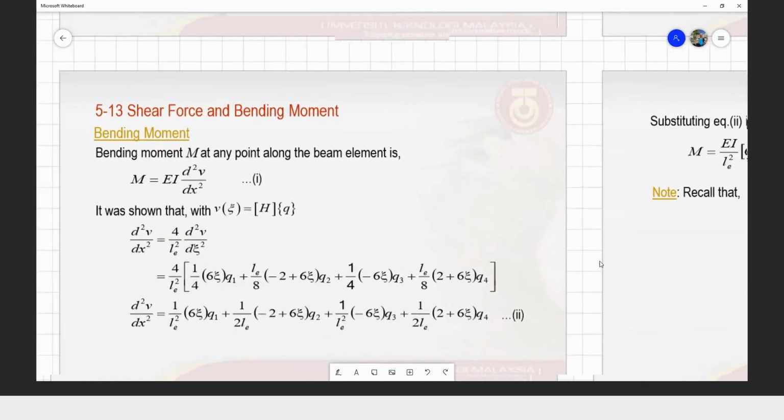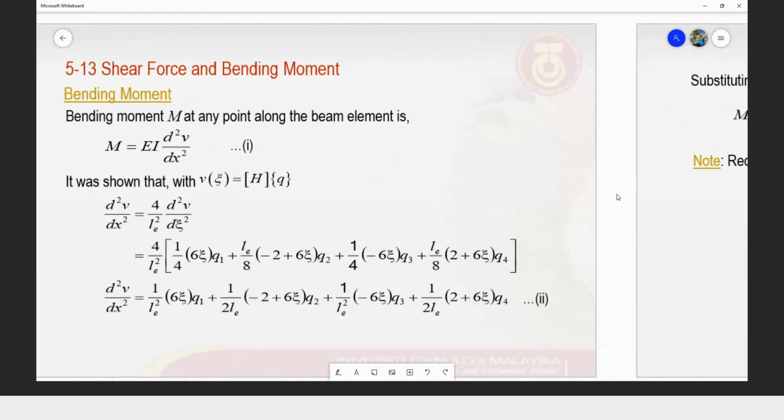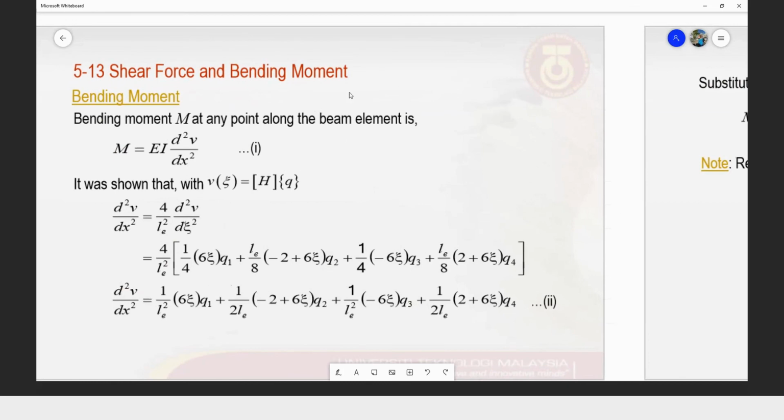Okay. So from the known deformation, after we solve the system of linear equations in the form of KQ equal to F, our Q here is actually the deformation in the form of V and V prime earlier. If we want to use V and V prime, or if we want to use Q, we can use Q. So from this information, we can determine the bending moment within our elements.